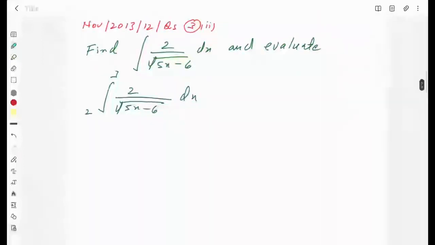Now I will show you a past year paper question as an example. This came in November 2013. Question number 3, part 2.